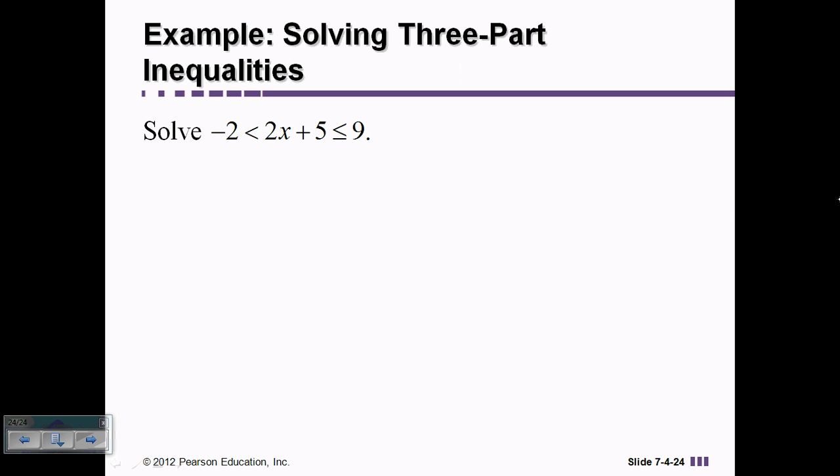So when you solve a two-part or a three-part inequality, you have to treat each part separately. So we're going to take the 2x plus 5 less than or equal to 9, and we're going to solve this part of the problem.